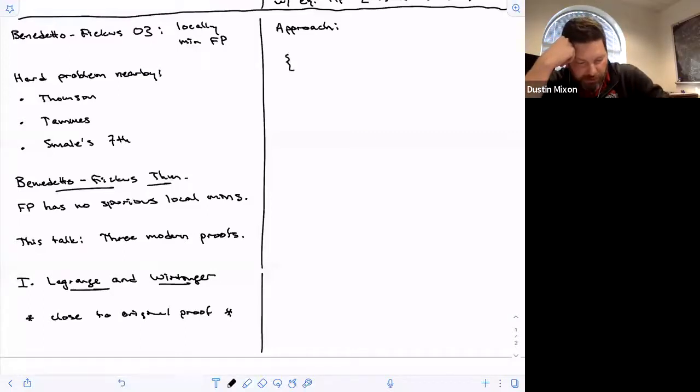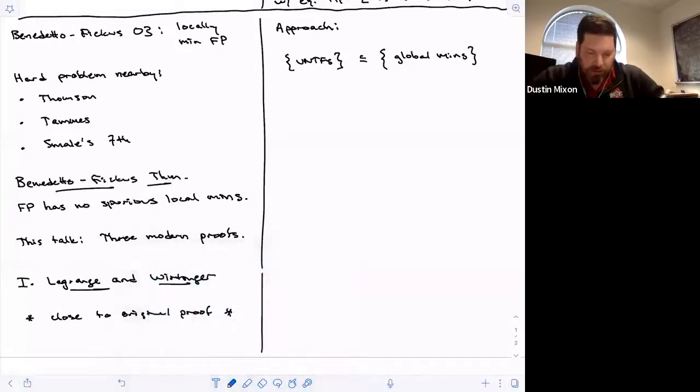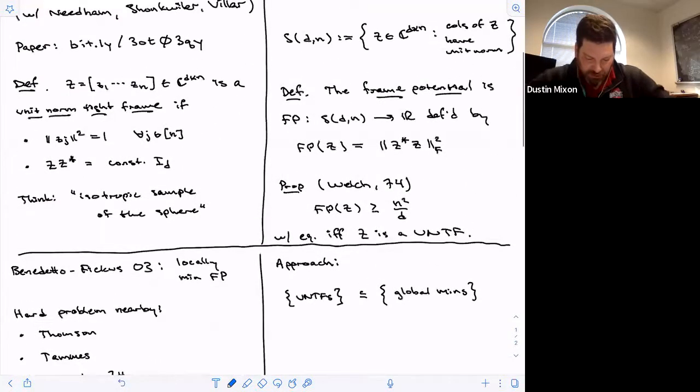is the following. First, the set of UNTFs, unit norm tight frames, is a subset of the global minimizers. If you're a unit norm tight frame, then you necessarily minimize the frame potential by virtue of this proposition.